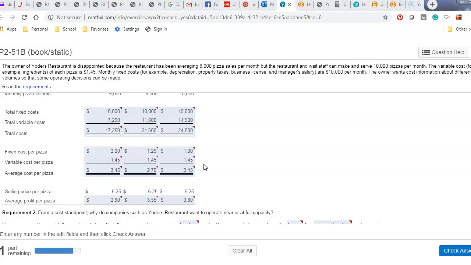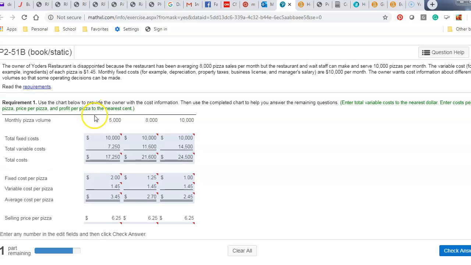Now, to find out what the average cost per pizza is, which is this number here, what we need to know is the average cost to find out what our profit is. So if we take the 17,250, which we know how we calculated, and we divide it by the number of units that was produced, in this case 5,000 units, we come up with a number that is $3.45.